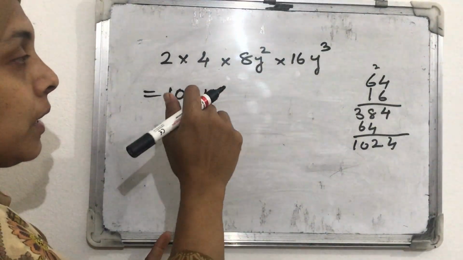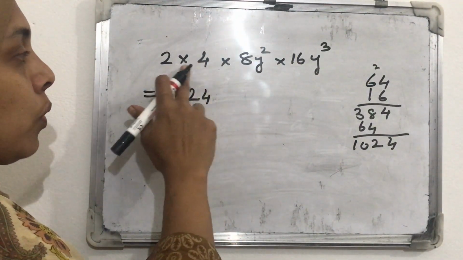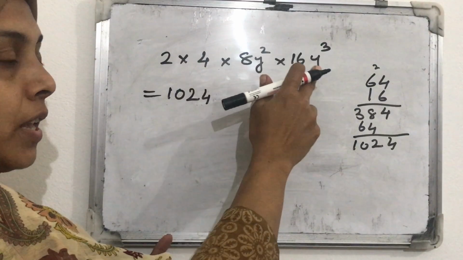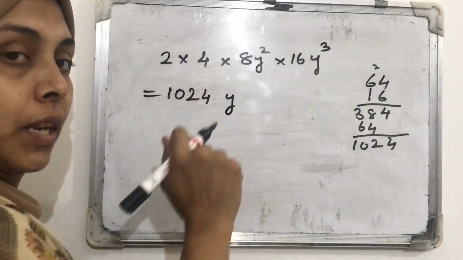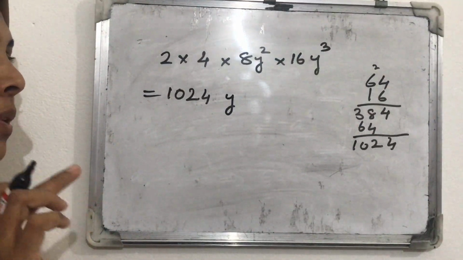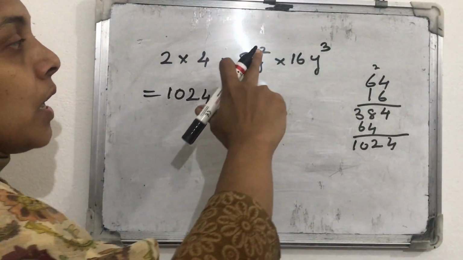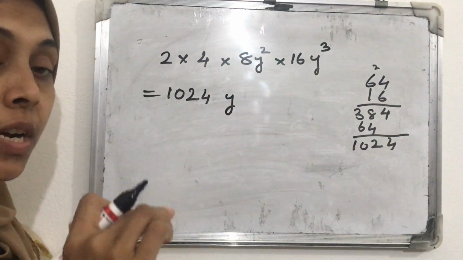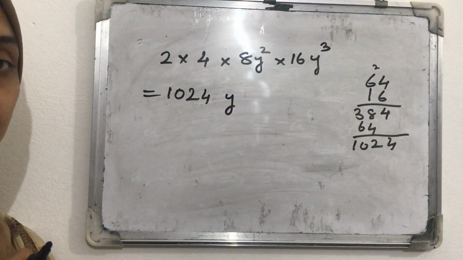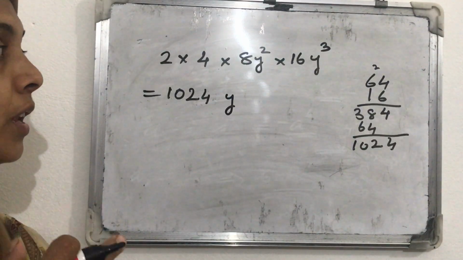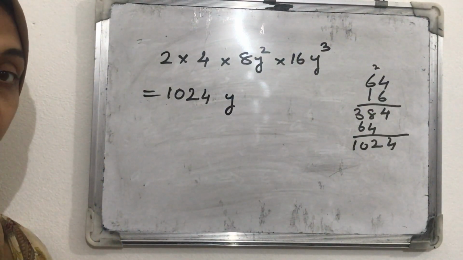Then what will be the variable part? Here y square and here y cube. So y raised to 2 plus 3. Mostly a common mistake will happen: you will write 2 into 3, multiplying the powers also. You have to take care: for finding the product of the variables, powers we are finding their sum.